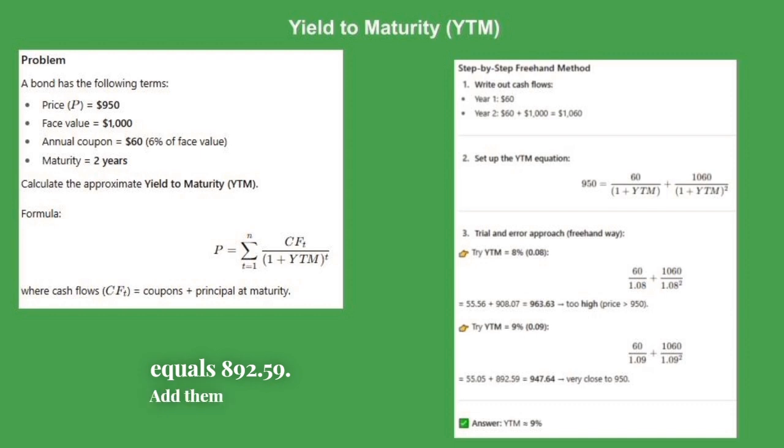Add them together and you get 947.64. That's almost exactly 950. So the yield to maturity on this bond is about 9%.